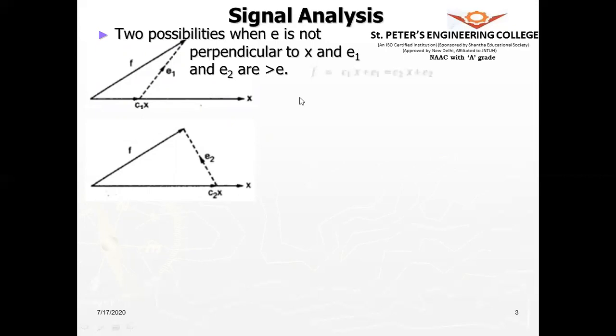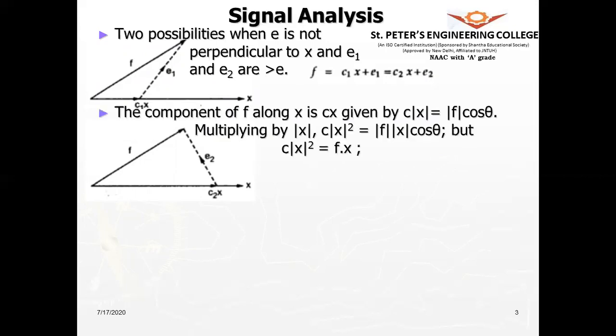In both the cases, f will be equal to c1x plus e1, which is the same as c2x plus e2. So as we can see, the error vectors are different, but it is minimum when it is perpendicular.